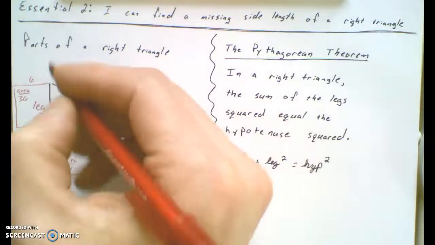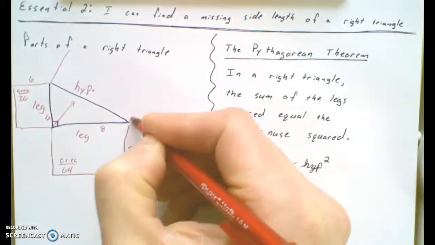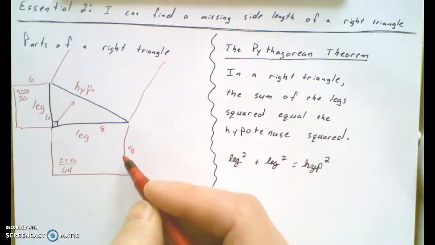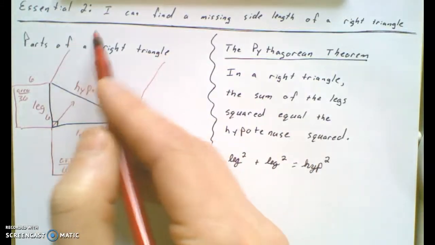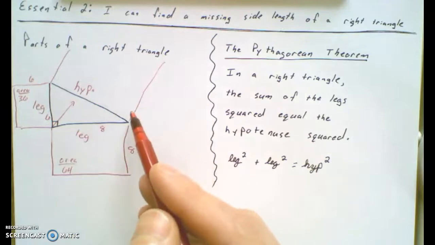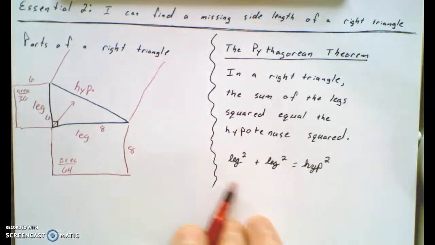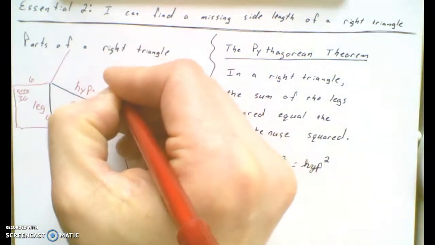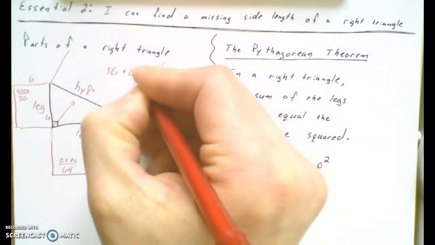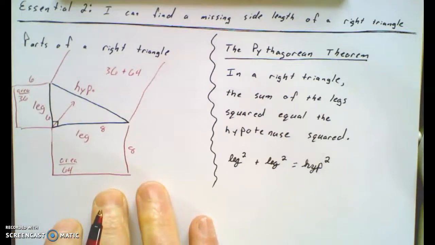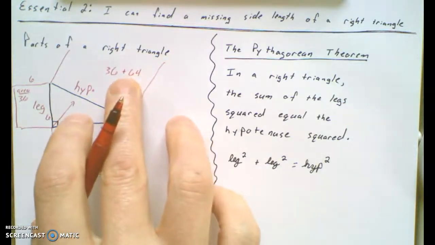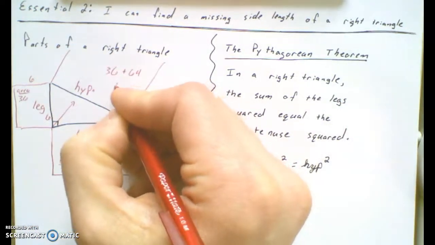In other words, if I take this hypotenuse, that would be a square here, and the inside of this square that comes off the hypotenuse is equal to these two legs added together. So if I just take these numbers, that would be 36 plus 64, which makes this whole thing 100.